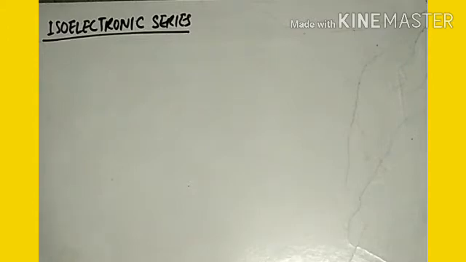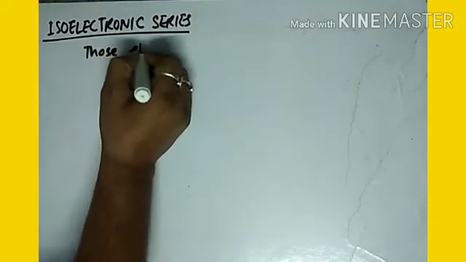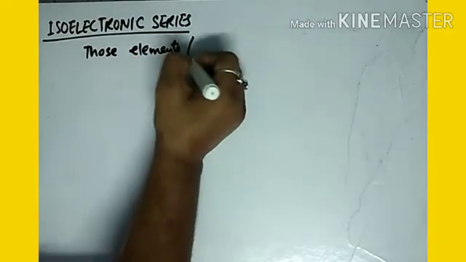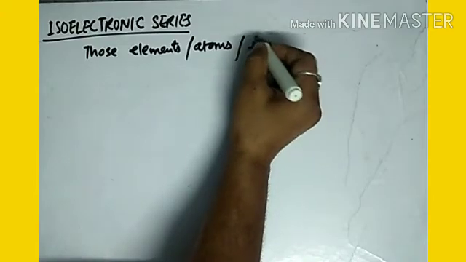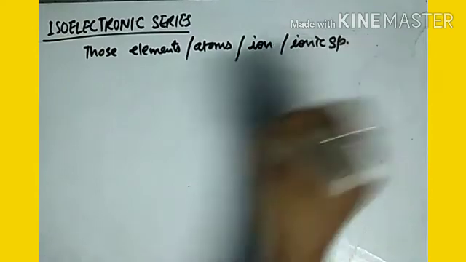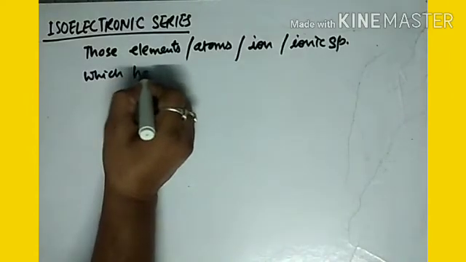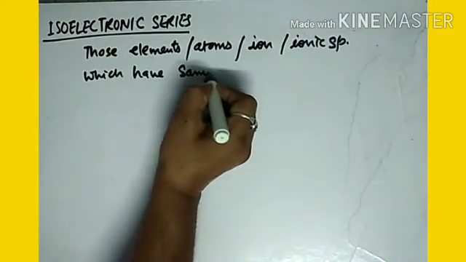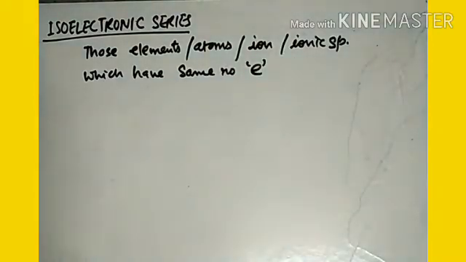Isoelectronic series means those elements, or you can say atoms, or ions or ionic species, which have the same number of electrons. All right, so this kind of series is called an isoelectronic series.